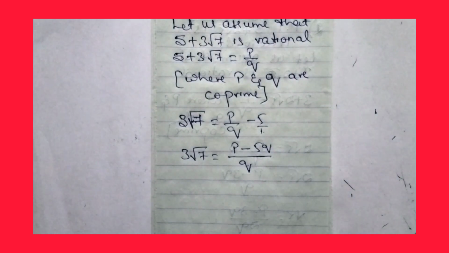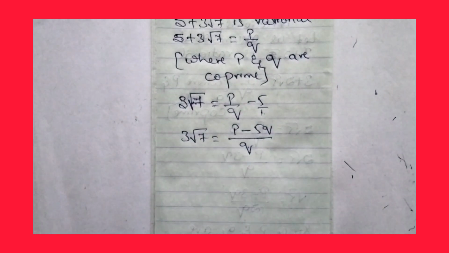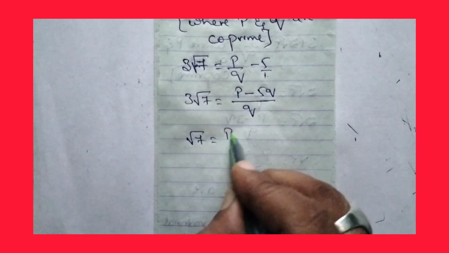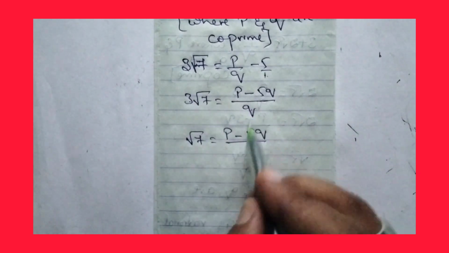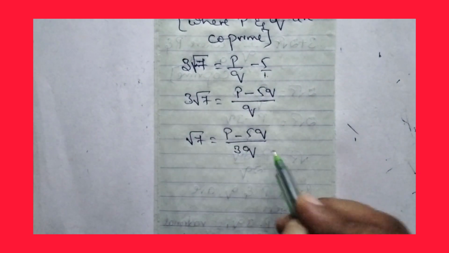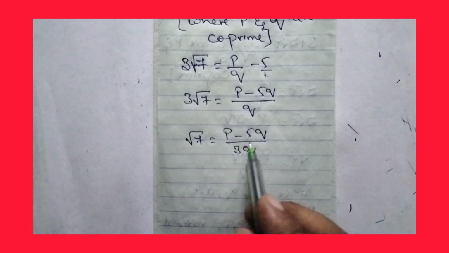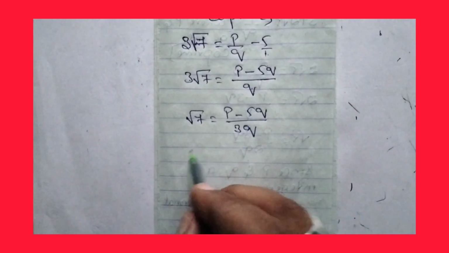So P minus 5Q divided by Q. Now root 7 is equal to P minus 5Q divided by, you bring 3 to the denominator, it will become 3Q. So root 7 is equal to P minus 5Q divided by 3Q.